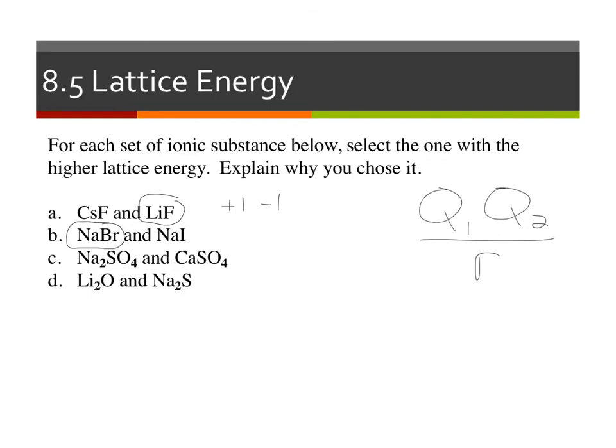Now here, the sizes of sodium and calcium are different, but if we put this +1, -1 over the radius and +2, -1 over the radius, we kind of have to make a judgment call here, and it's this +2, -1 that is going to be a stronger charge because that allows me to double the numerator, to make it 2 times bigger, just having that +2 charge.